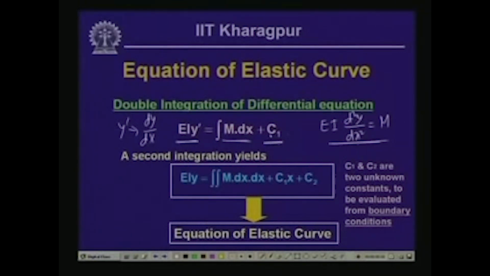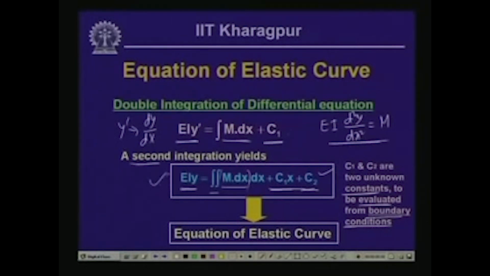If we integrate this equation once again, the second integration yields EI y equals double integral of M dx dx plus C1 x plus C2, where C1 and C2 are unknown constants, to be evaluated from the known boundary conditions of the beam.